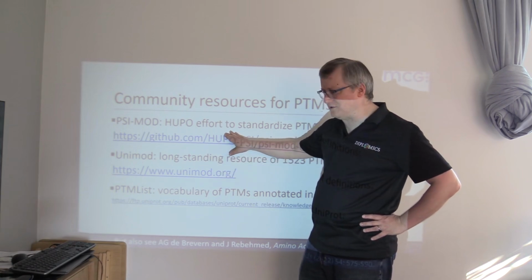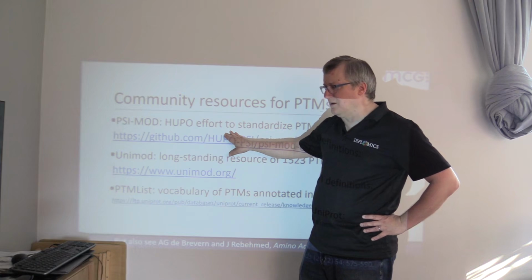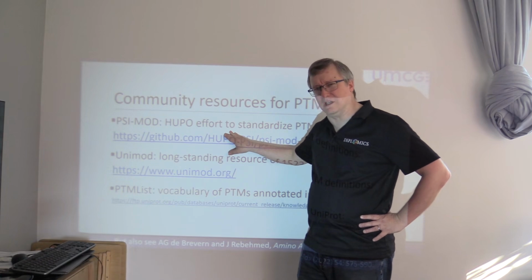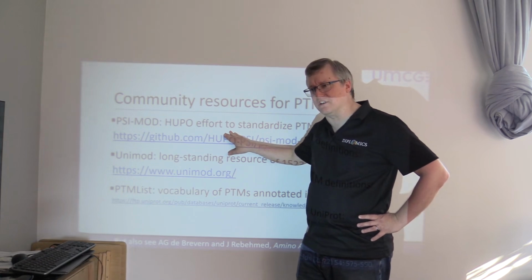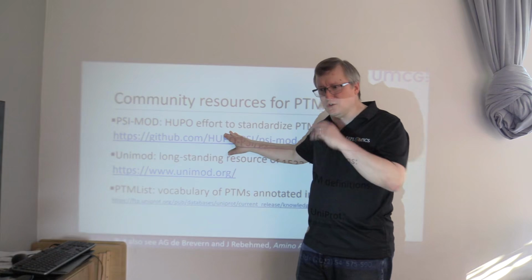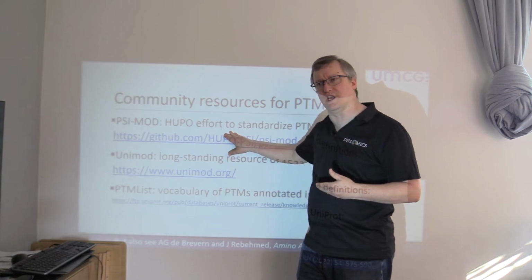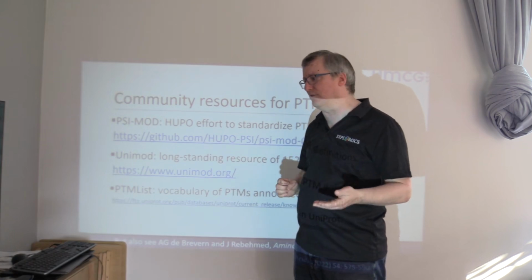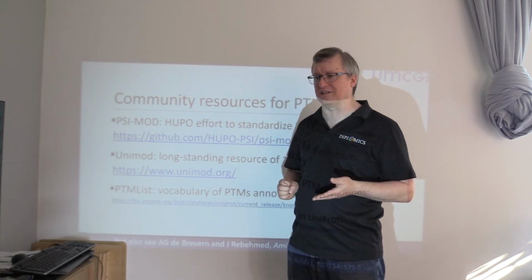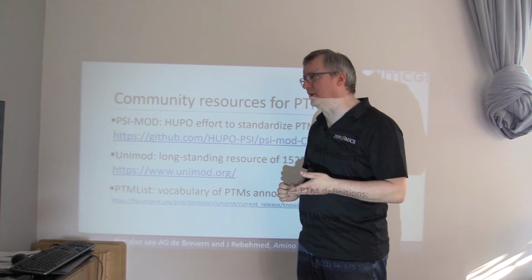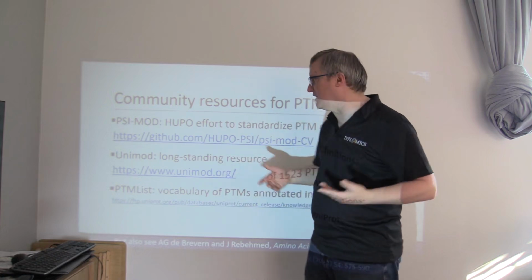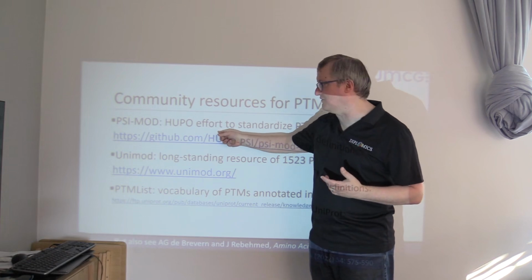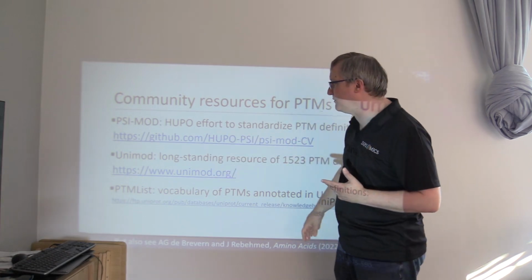PSIMod is an effort to renovate a lot of this PTM information and to make it a little better structured. For example, things like the acetylation of an alanine is handled as different than an acetylation of a glycine. So those are treated as two different mods in the case of PSIMod, but not in Unimod.